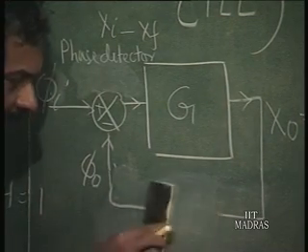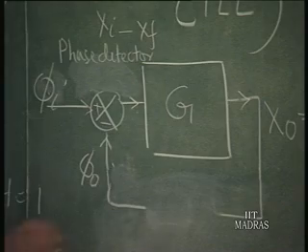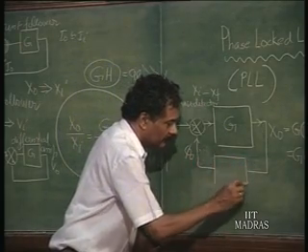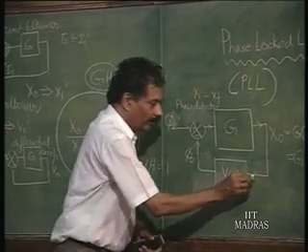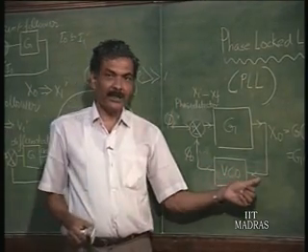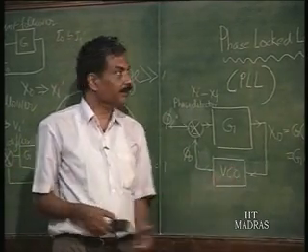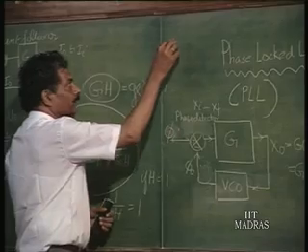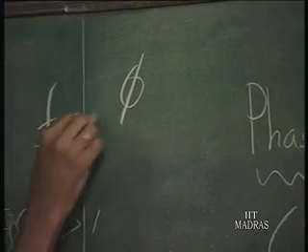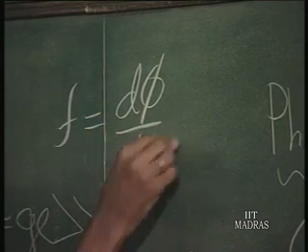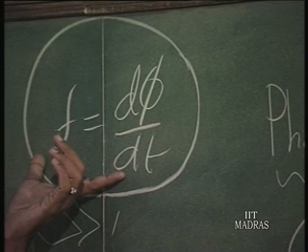So, what is it that converts a DC voltage into phase? That is nothing but a VCO. How? Because when I apply a DC voltage here, you get a frequency. What is the relationship between frequency and phase? I know that if phase is phi, the frequency is nothing but d phi by dt. Frequency and phase are linearly related.